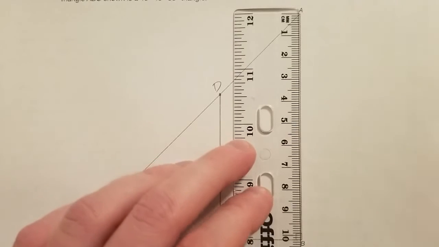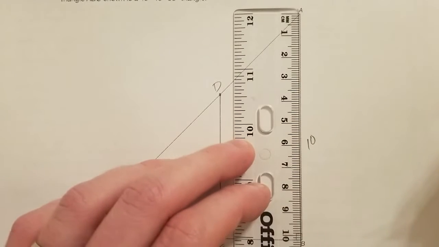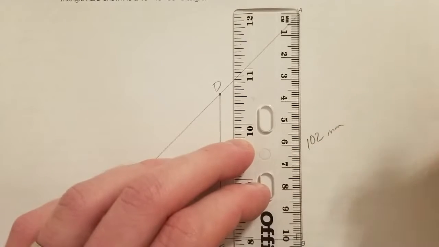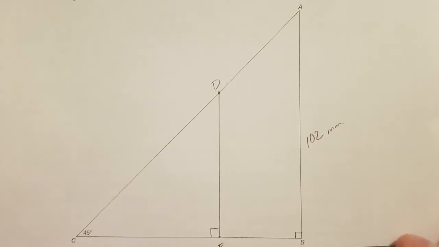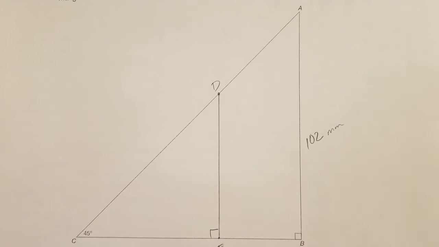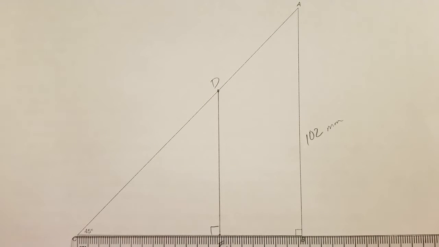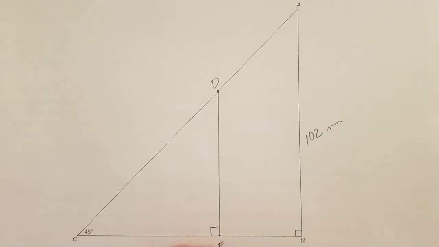So it looks like AB is 10.2, and I'm going to write it in millimeters. So it's 102 millimeters, because that would be 10.2 centimeters, right? And this side is also 102, so CB is 102 millimeters. Let's get CE. This one I wrote as 65 millimeters.